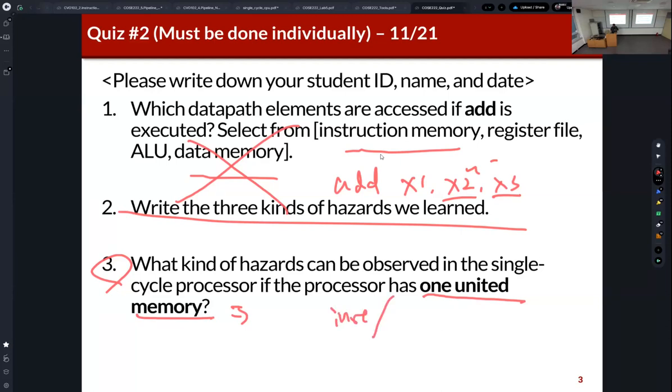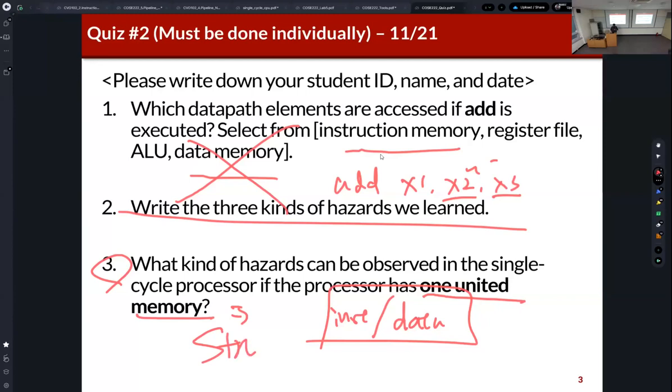In the single cycle processor architecture, we learned that the processor has separated instruction and data memory, but if the processor has one united memory, the instruction and data memory are merged. So what kind of hazard?